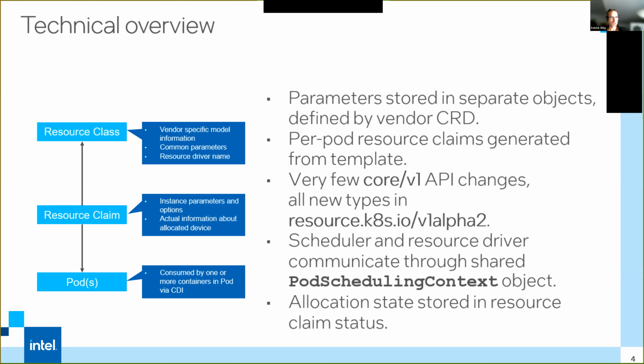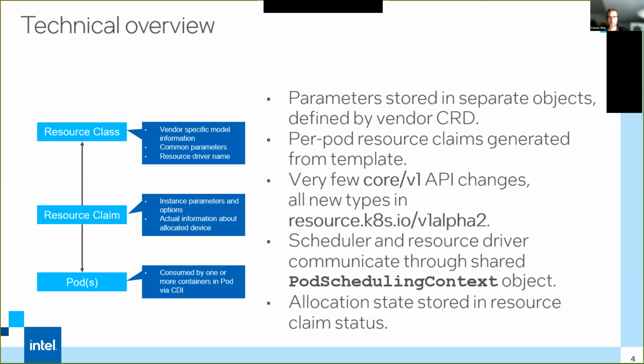So anyway, the ResourceClass is the privileged object created by an admin when deploying support for certain hardware together with a resource driver. And the ResourceClass has parameters that are known to be privileged. So these are things that normal users shouldn't be allowed to set. Something that gets chosen by the admin, and it also ties a certain resource category with a specific implementation through the driver name.